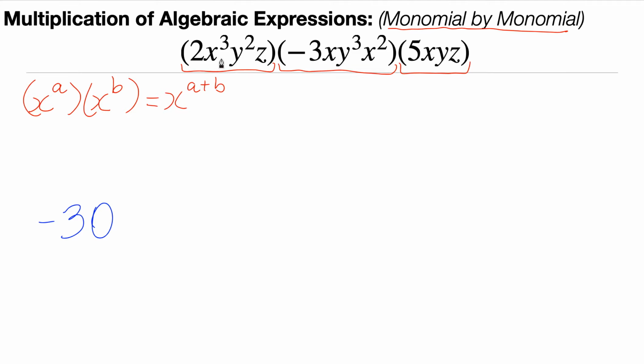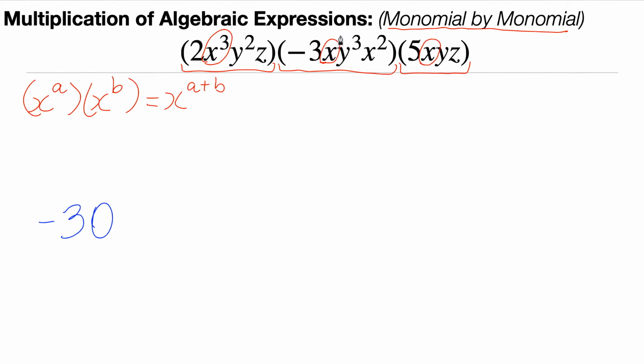Okay, so what are we going to do? Notice we're going to start with the x's first. In this, we can see that there's an x raised to 3, and here this x is a sole x, a single x. But remember that every term which doesn't have any exponent is raised to 1, automatically raised to 1.